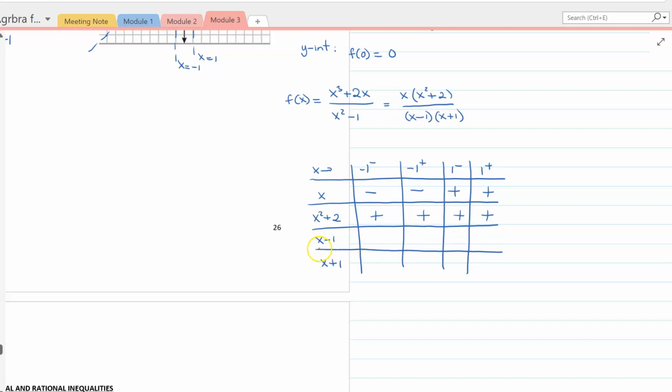Then for the next column, x minus 1 becomes negative, negative, negative, and positive, positive.